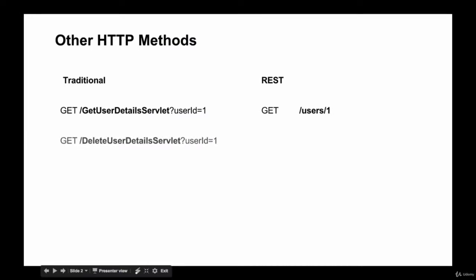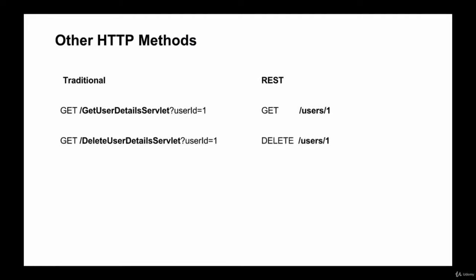And let's look at other examples. For example, to delete user details, we will traditionally create a URI, something like deleteUserDetailsServlet. And then again, the ID of the resource that we want to delete will be sent in as a query parameter.